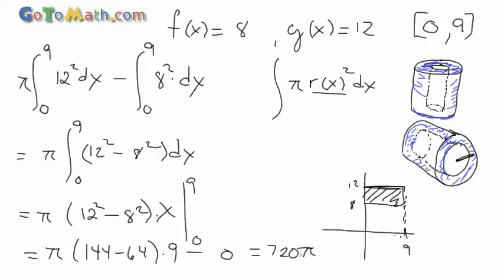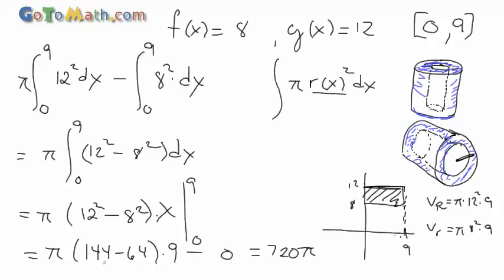Now you could just use geometry and figure this out. Volume of the big R is equal to pi times the radius, 12, squared, and the height is 9. And then volume of the little radius is pi times 8 squared times 9.